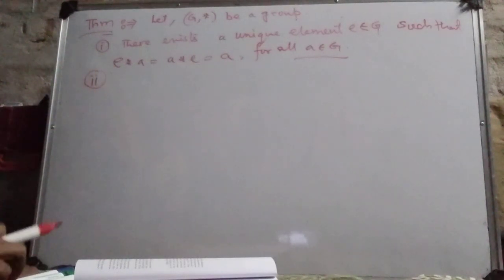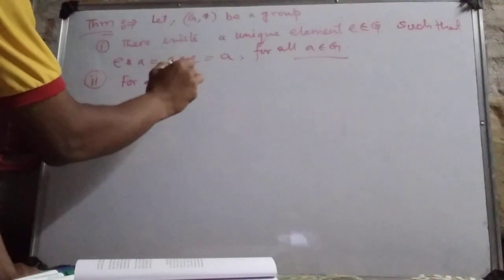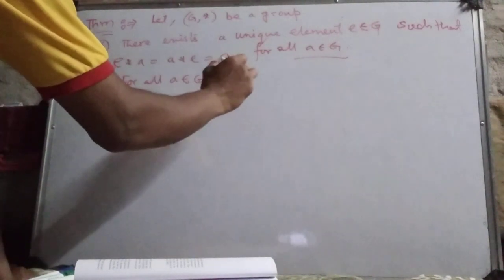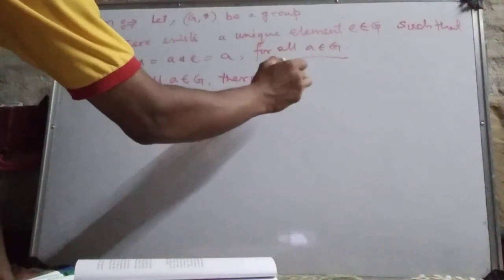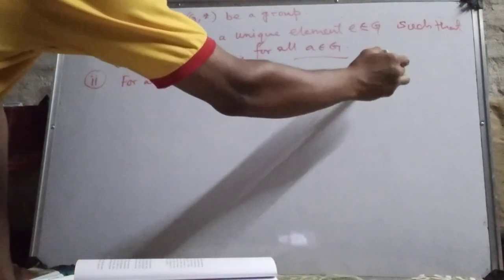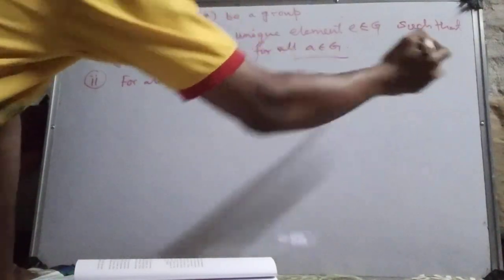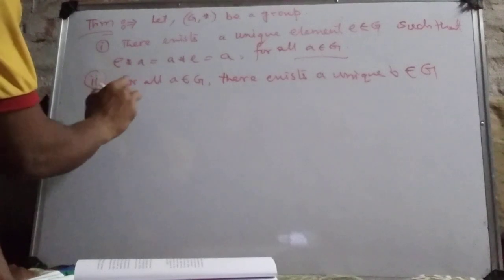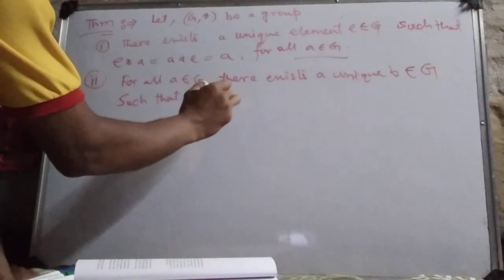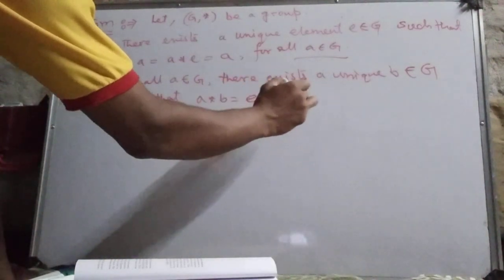Second, for all a belonging to G, there exists a unique b belonging to G such that a star b equals e equals b star a.